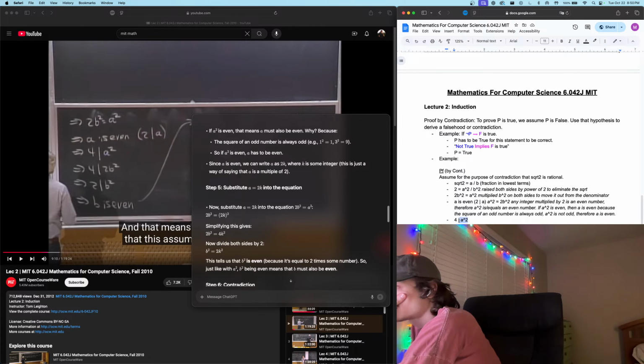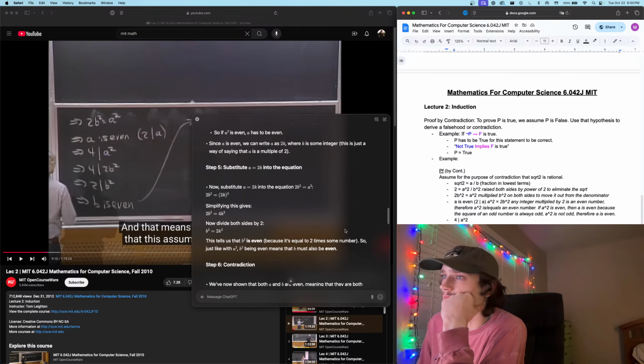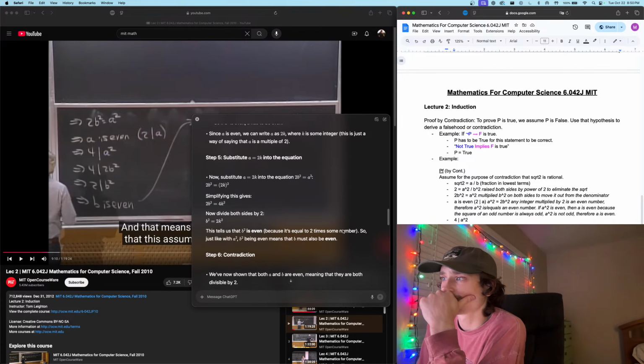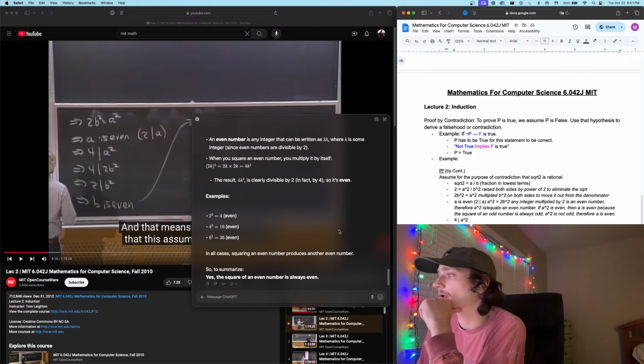Oh, because if a squared is also equal to 2b squared, so 4 also has to be divisible, b2 also has to be divisible by 4 in this case, reducing that down further to b squared divided by 2. Okay, get it.